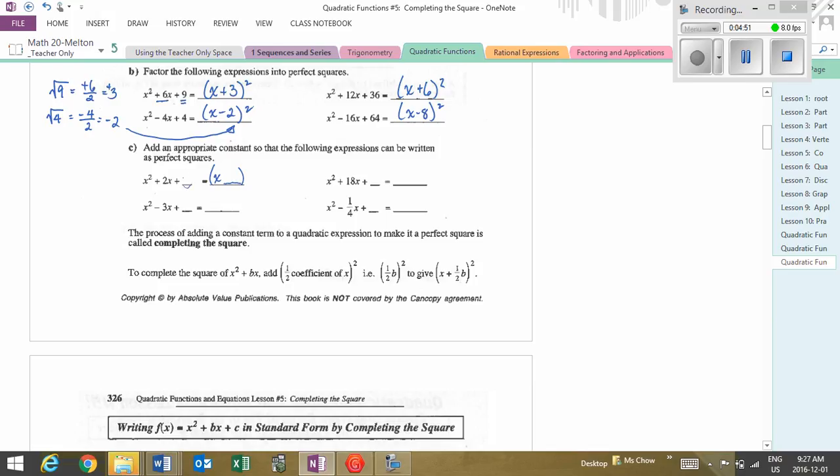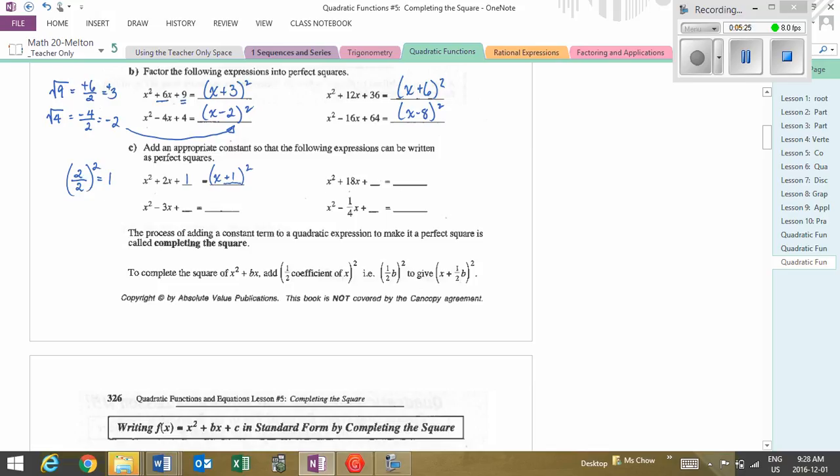I could have taken the c value here and taken the square root, but that c value is missing, in which case I just have to take this 2 and divide it by 2. So if I take 2 and divide by 2, that is of course 1, so that gives me this as positive 1. If I want to find that c term, then I'm going to square that 1. So 2 divided by 2 squared obviously gives me 1, and that fills in here, so we're x plus 1 all squared.